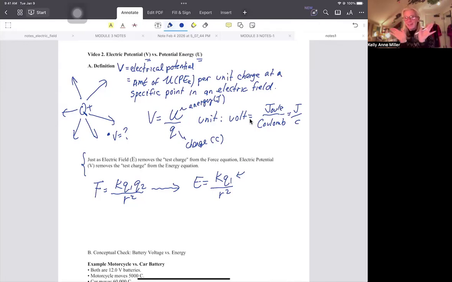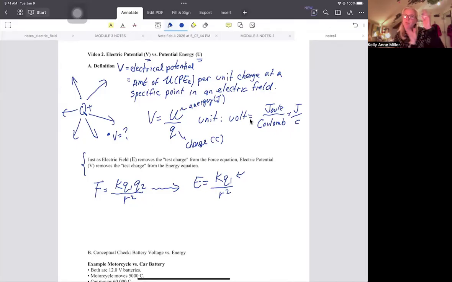You can have a field just in space, and it's there as a function of stationary charges that are placed in space.